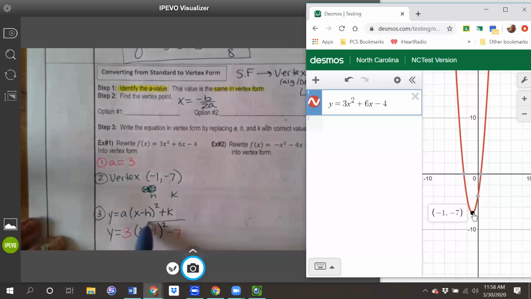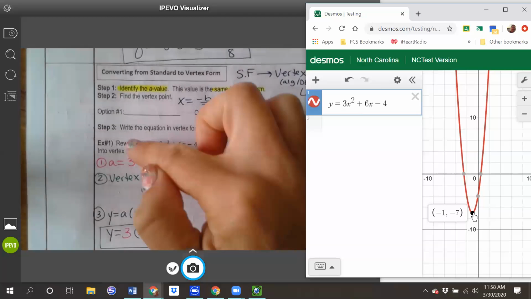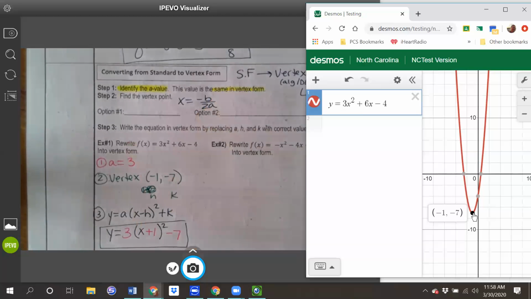That's it. That is your vertex form. Now remember, this is not an honors class. This is not the algebraic way that I complete the square. This is using my technology tools in order to complete the square.